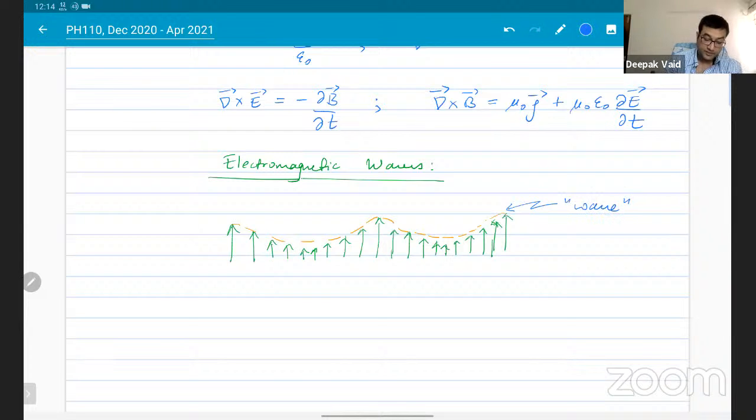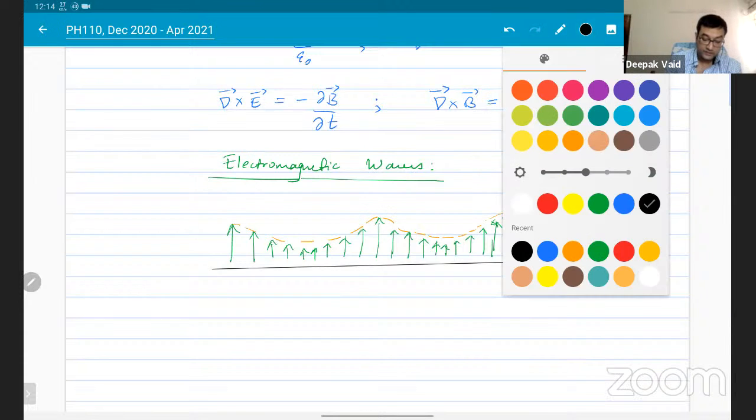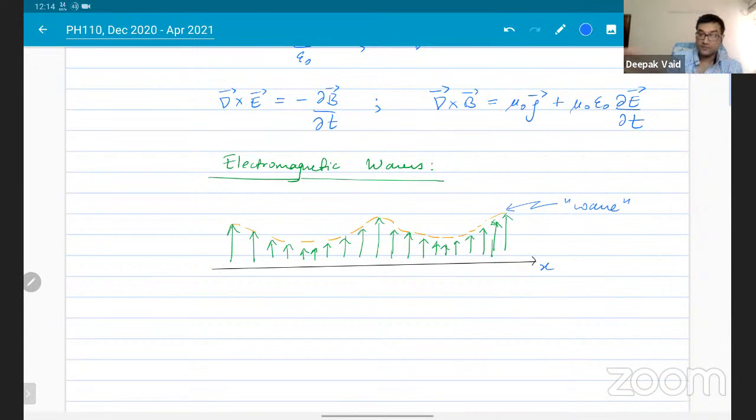And in this picture, it is important to keep in mind that I am drawing these vectors. So what do they represent? They represent an electric field, and you have some real line, let's say the X axis.